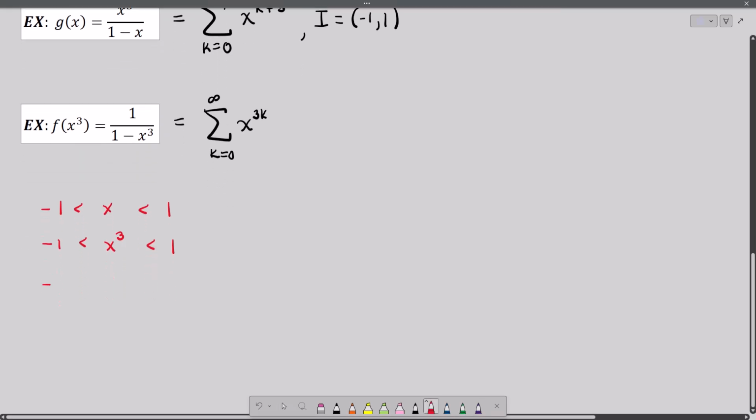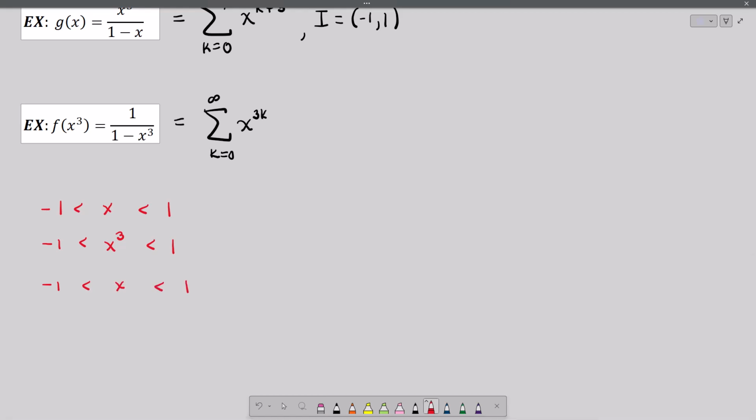In this case, you can take the cubed root of all 3 sides. Cubed root of -1 is -1, cubed root of 1 is 1, cubed root of x cubed is x. So this interval of convergence didn't change, but that's a coincidence. It didn't change because the cubed root of the interval created the same interval.